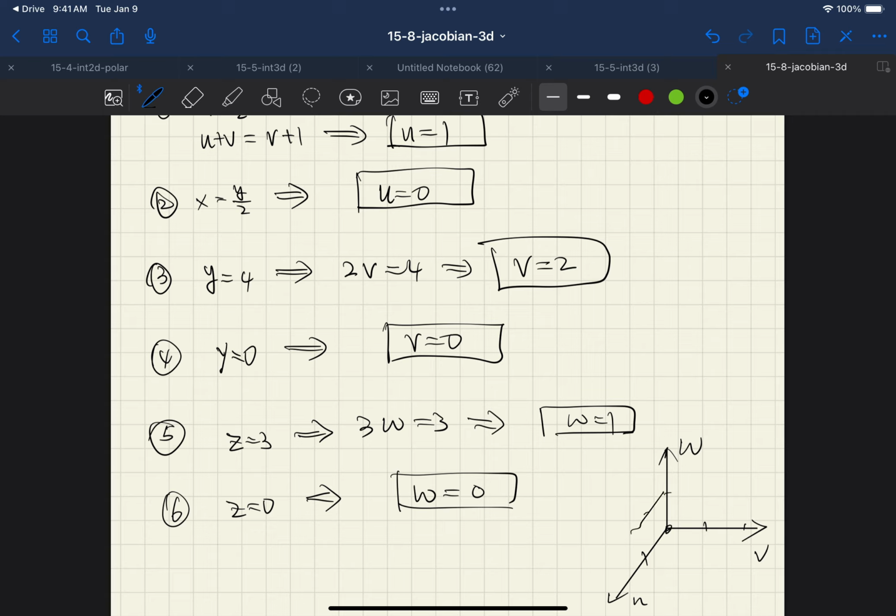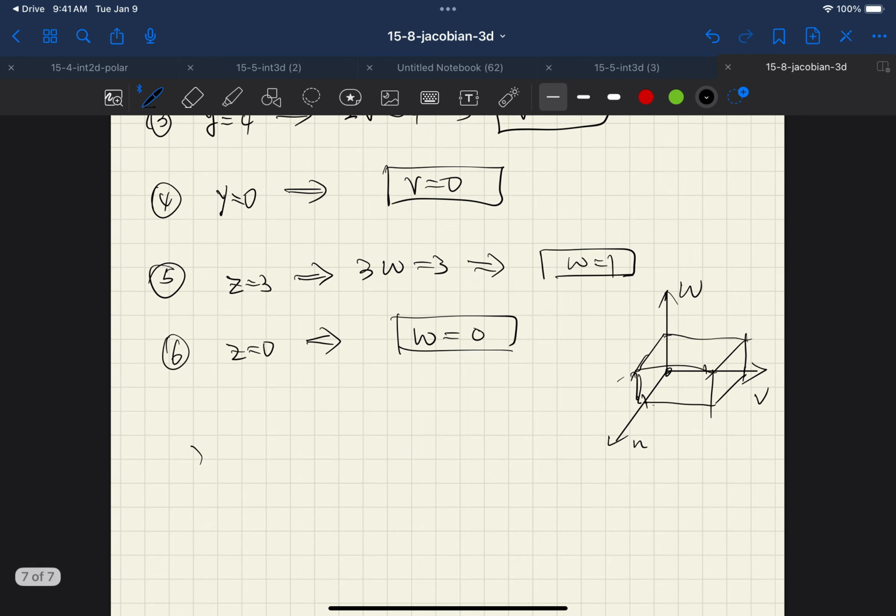So it basically gives this cubic area, and the integral is simply given by du, dv, dw, but you need to put 6 here.